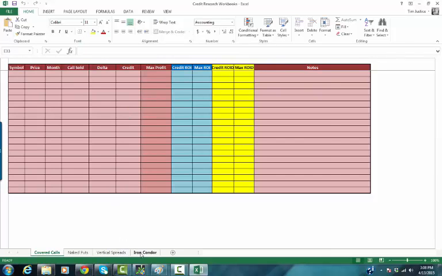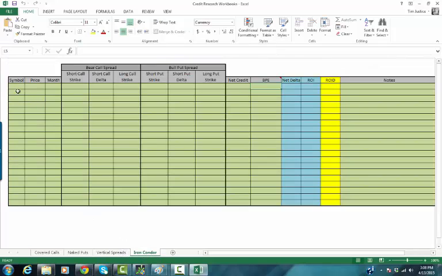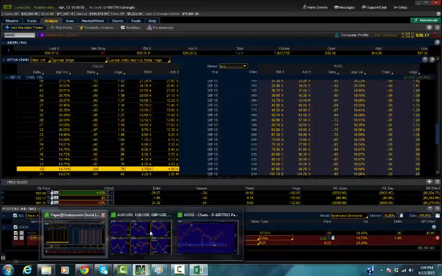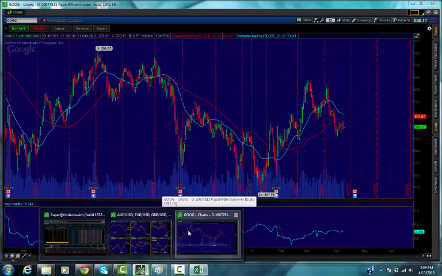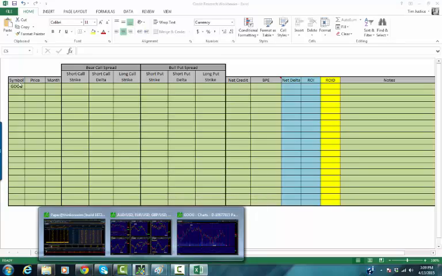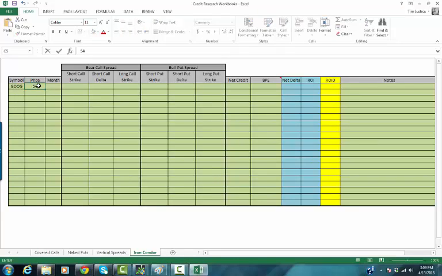Now I usually do these in what's called the Iron Condor tab here. I usually do a little bit of rounding on the prices, not that important to me actually. Okay, it's about a 540 stock, so that's fine. So I'm going to put in 540 here. If I do September, and the short call strike was, let's go look at that.